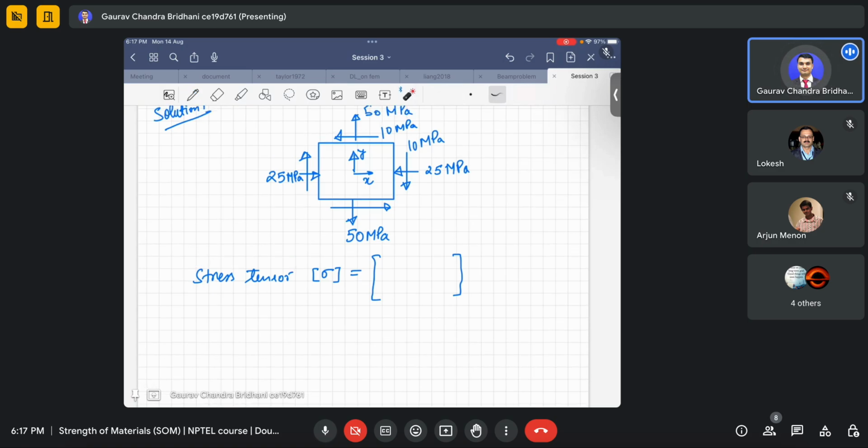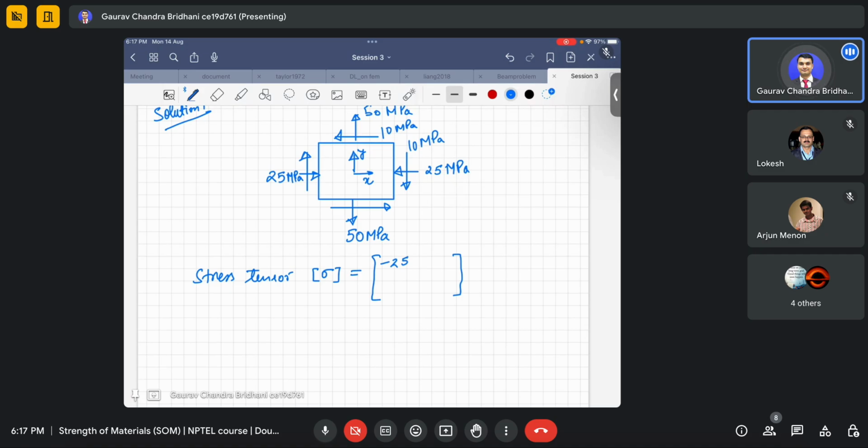You can see that this direction is my positive x and this is my positive y. Sigma xx: the first index shows the plane and the second one shows the direction. The 25 MPa I am showing here is in the inward direction, opposite to positive x. That's why it will be minus, so this will be minus 25.